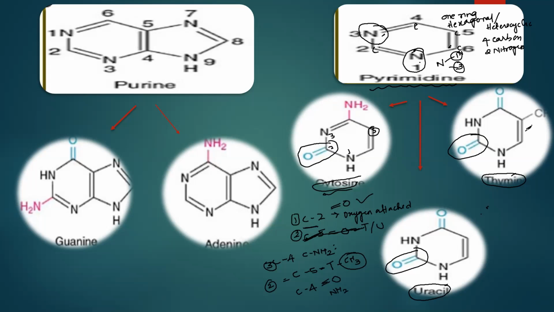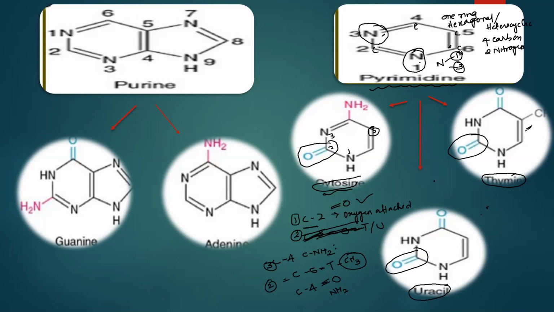Yes, now it's clear. I'm sorry for this. Now you can just remember pyrimidine the way I told you, that it is hexagonal. Then remember how many carbon atoms it has, how many nitrogen atoms. Then the numbering also you should know, because based on the numbering we are going to say the difference between all those things.